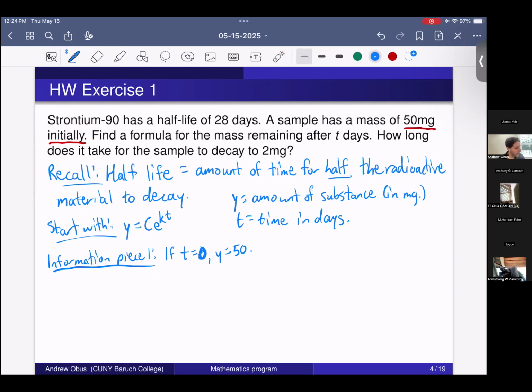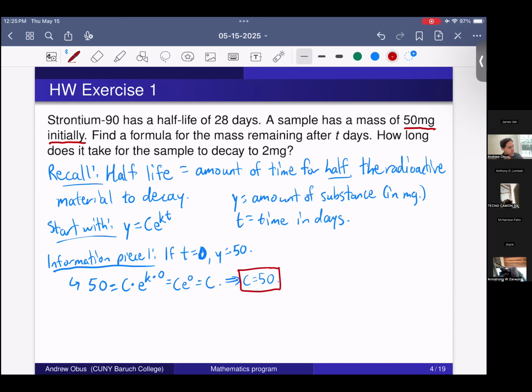So we can plug that in. This gives us that 50 is equal to c times e to the k times 0. But that's the same thing as c times e to the 0, which is the same thing as c. So this tells us that c is equal to 50. Right, this is the first piece of information, is that at time 0, we have 50 milligrams.